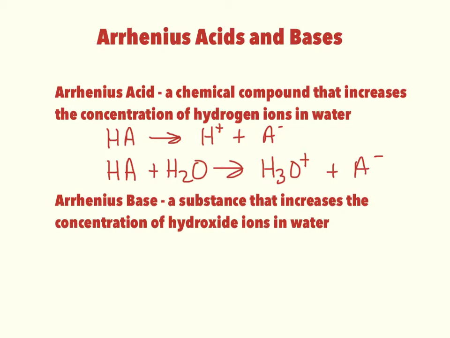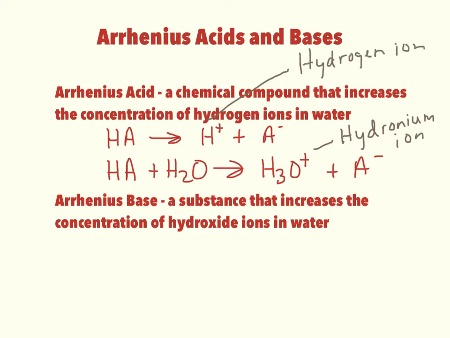Now, this H3O+ right here is called the hydronium ion. And so you probably want to know that this is called the hydronium ion, and this one right here is called the hydrogen ion, also called just a proton.